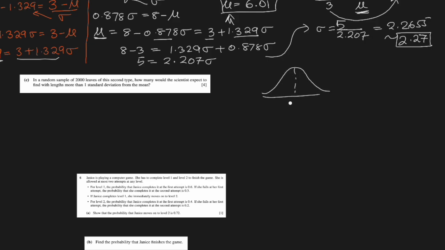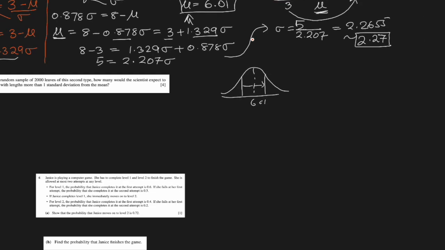We found the mean to be 6.01. We want one standard deviation on this side and one on this side. We know the Z scores: this is 1 and this is -1. They have said one standard deviation away from the mean, and the measure of being away from the mean is the Z score.